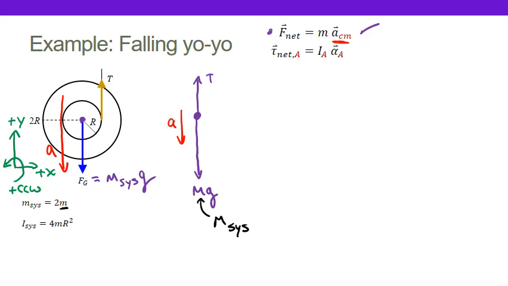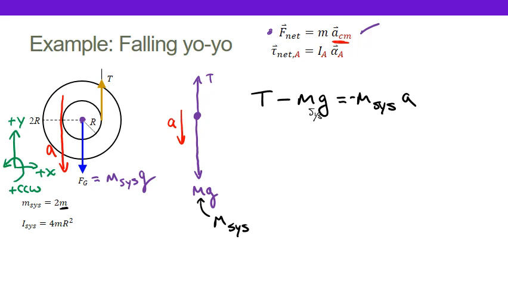So we've done all our setup. Now we're ready to write out our equations. I have tension, that's upwards, so it's positive. I have gravity, that's downwards, so it's negative. And again, we need to be careful because this is actually the mass of the system times gravity, and that equals the mass of my system times my acceleration, and it is negative.